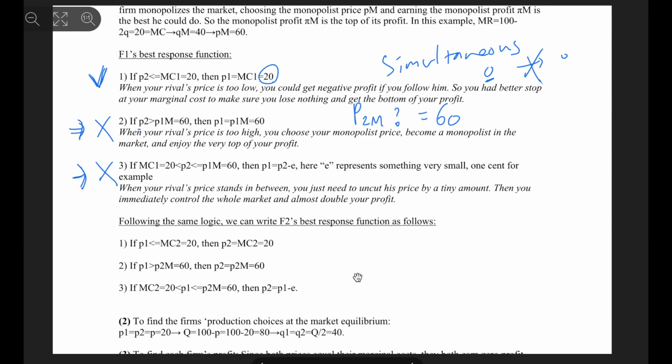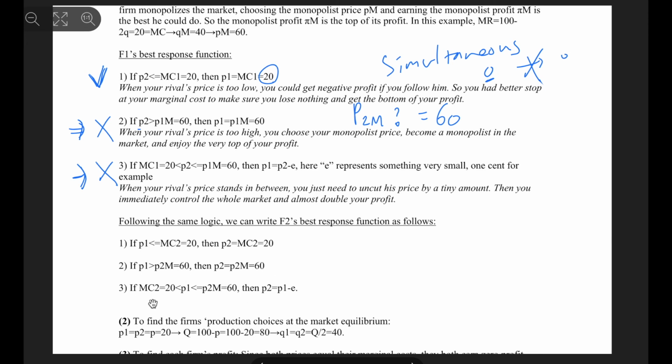Okay. So following the same logic, we can write firm 2's best response function as follows. Same thing, if P1 is same or lower than the marginal cost of firm 2, then P2 should be the marginal cost, right? And if P1 is greater than the monopoly price of firm 2, then firm 2 chooses the monopoly price.